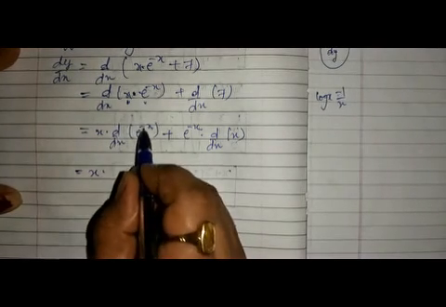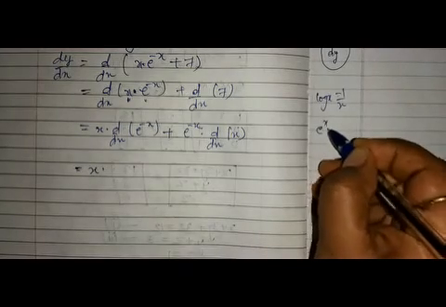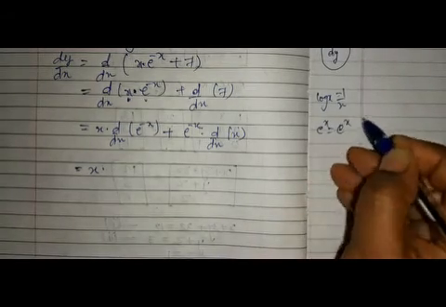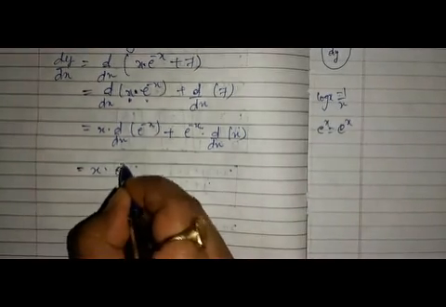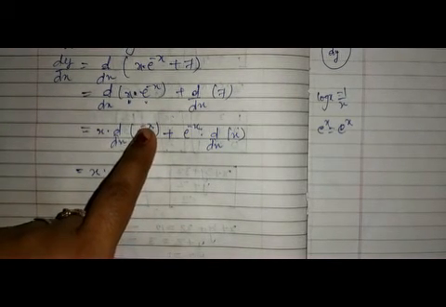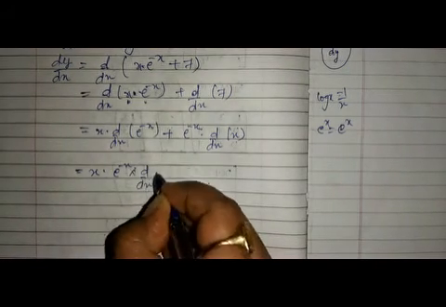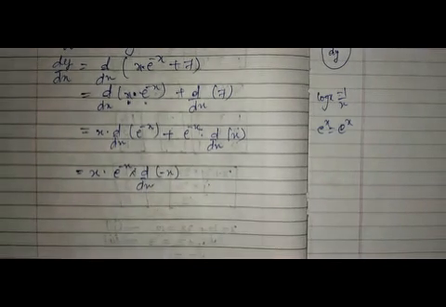Now the derivative of e raised to minus x. Since the derivative of e raised to x is the same e raised to x, na? So it will be the same, but here in place of x it is given minus x. So we need to differentiate this also. So we multiply the derivative of minus x.